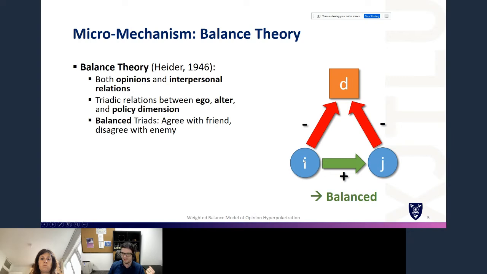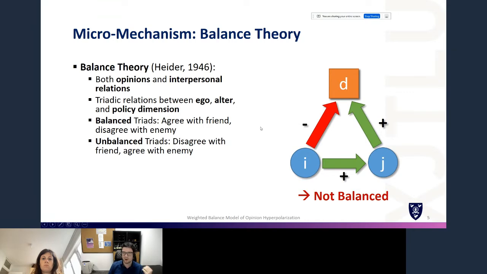Also, if I and J both disagree with cannabis legalization and they like each other, that is a balanced triad. Last but not least, if I is against cannabis legalization, J is in favor of it, so they disagree on this issue, and I also dislikes J, this is also a balanced triad. So we like to agree with our friends and we like to disagree with our enemies. This is basically what Heider says, phrased in a simple way.